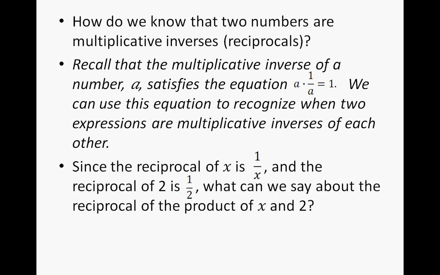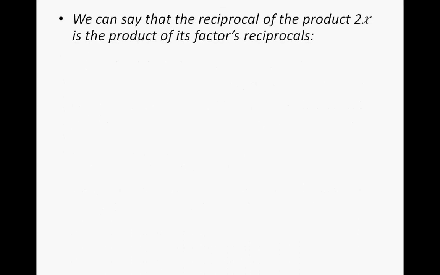Since the reciprocal of x is 1 over x and the reciprocal of 2 is 1/2, what can we say about the reciprocal of the product x and 2? We can say that the reciprocal of the product 2x is the product of its factors' reciprocals. So 1 over x times 1 over 2 would be 1 over 2x.